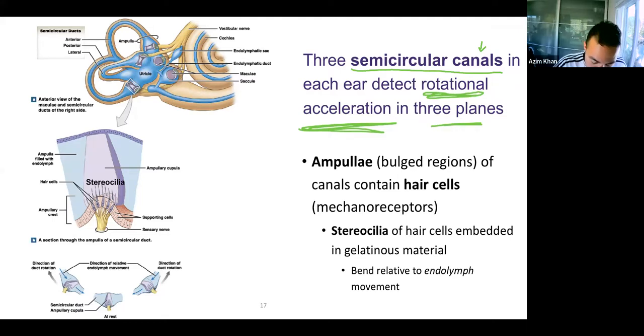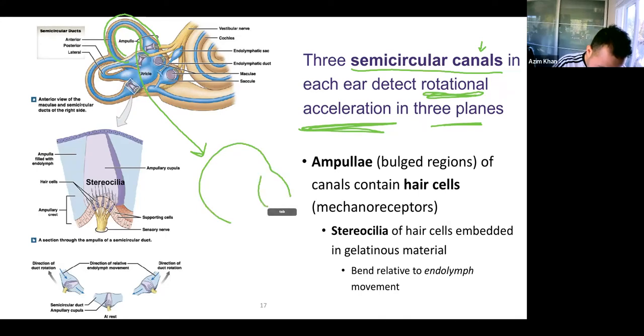If I zoom in on one of these loops, what we're seeing is something that looks kind of like this. Filled within, you've got your endolymph.